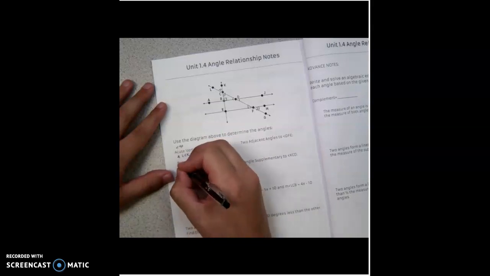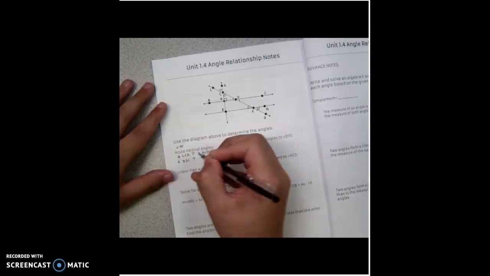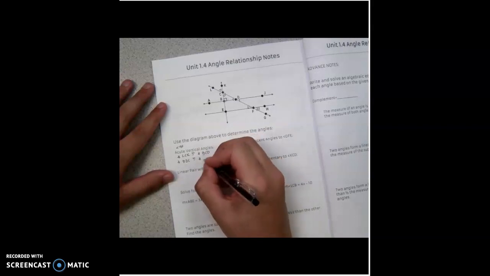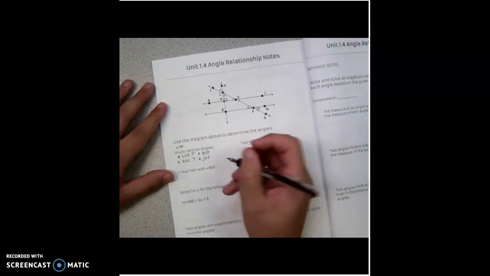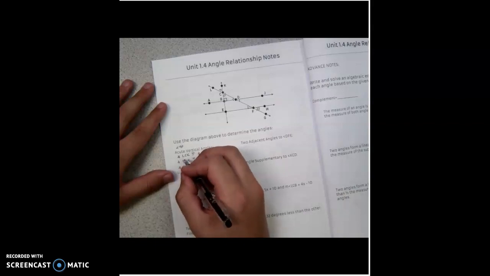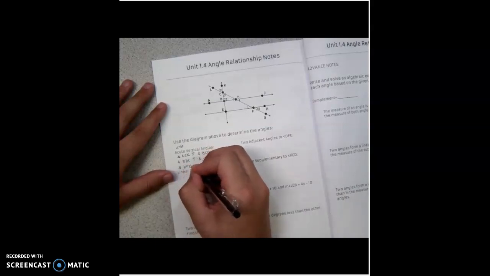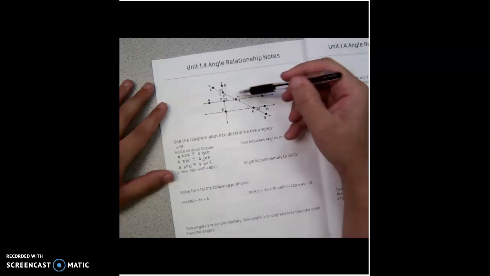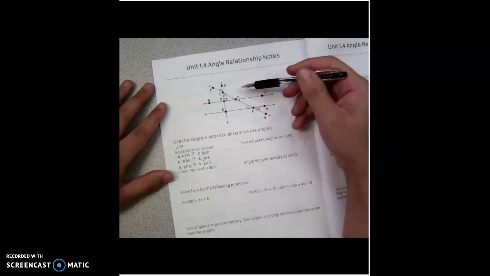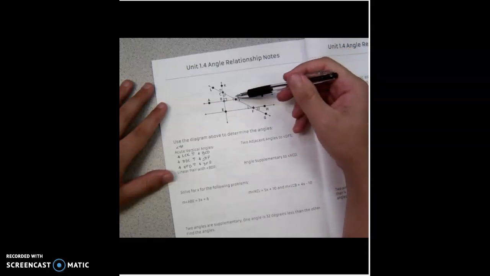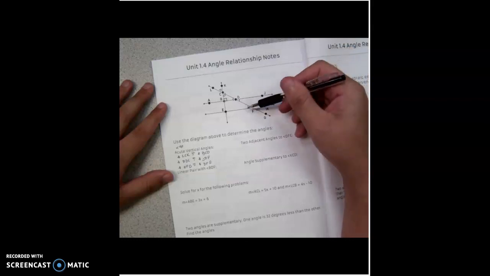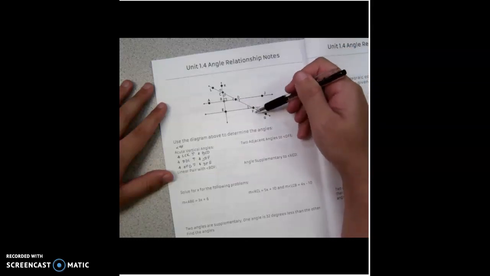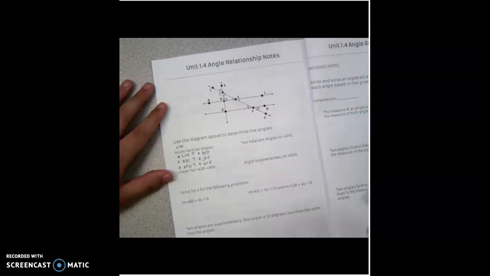I can say angle BDC is congruent to angle JDF. I can also say angle HFG is congruent to angle DFE. Okay, you want to use 3 points to make your angle so that you can better identify. Because if you just say point F or angle F, that could be any one of these 4, and we want to be very specific with what we are naming. Okay?